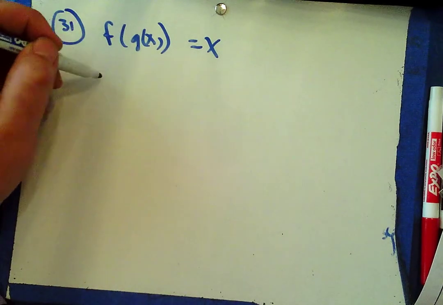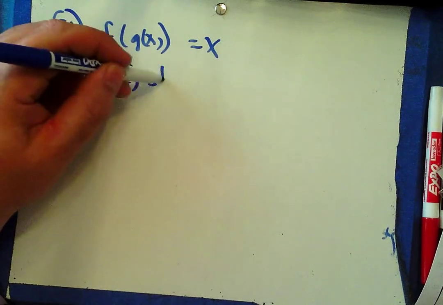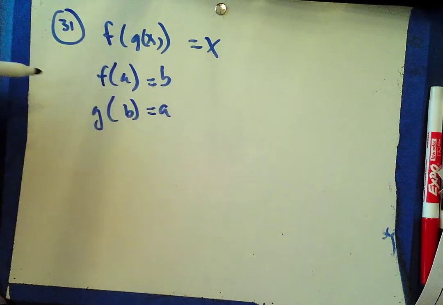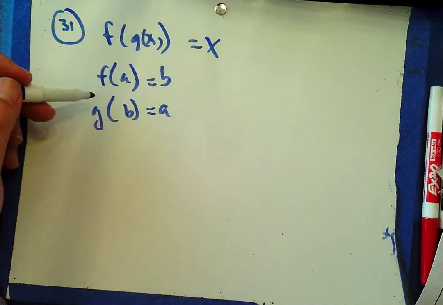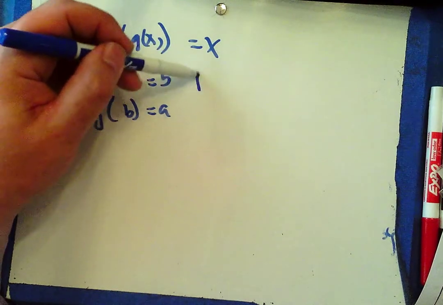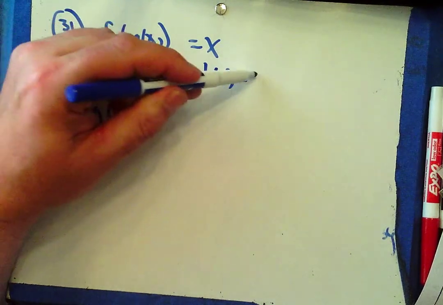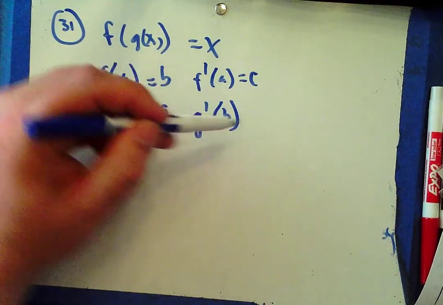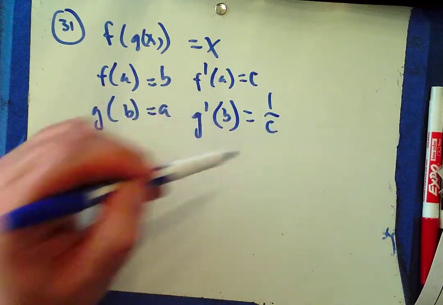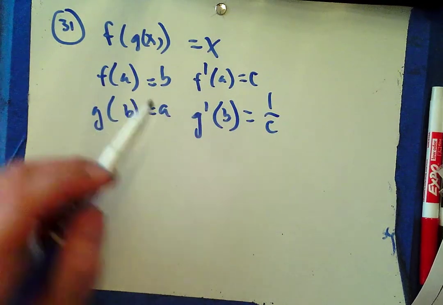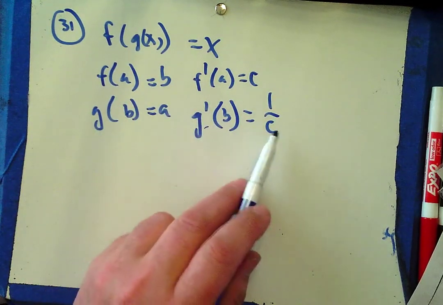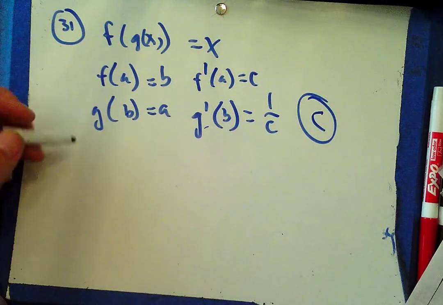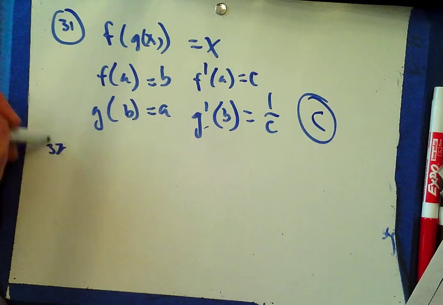So if I know that f of a equals b, then I know that g of b equals a, because g is the inverse of f. And if I know that f prime of a equals c, then g prime at this inverse point must be the reciprocal of that slope. Which of the following is true? g prime of b equals 1 over c is choice C. Okay, C for number 31.